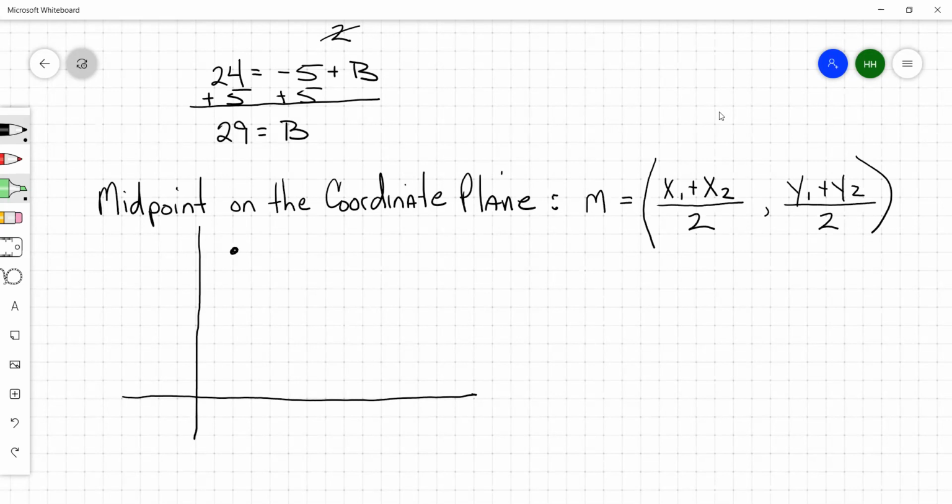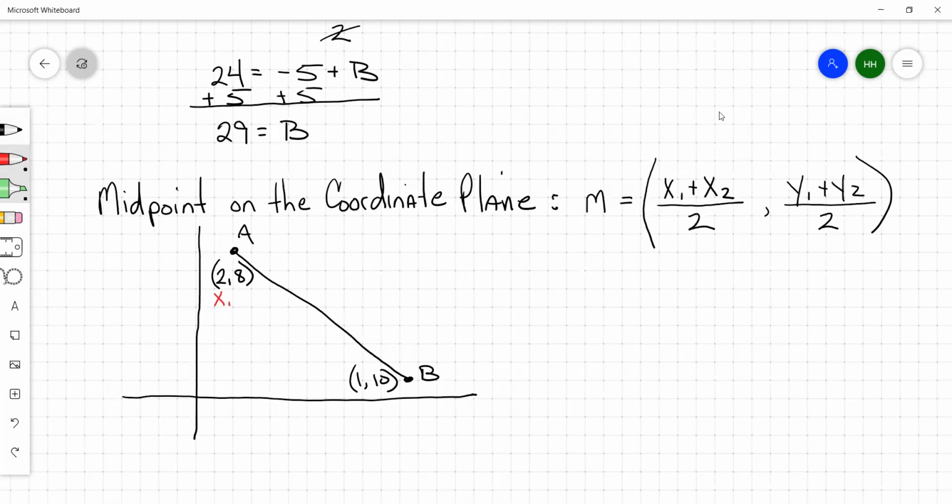All right, so let's find the midpoint of this segment. We're going to find the midpoint of segment AB. A has coordinates, let's go 2, 8. And B is at 1, 10. And again, to keep this real simple, it doesn't take very long either.